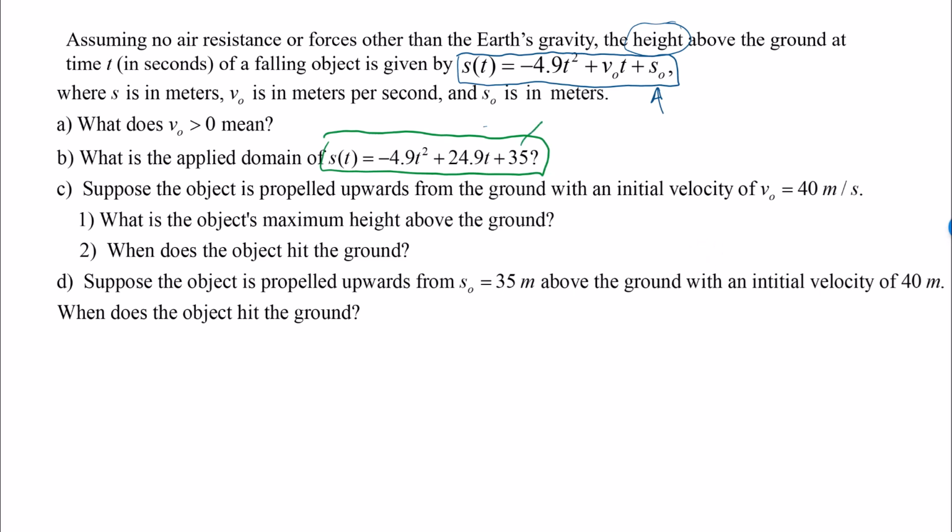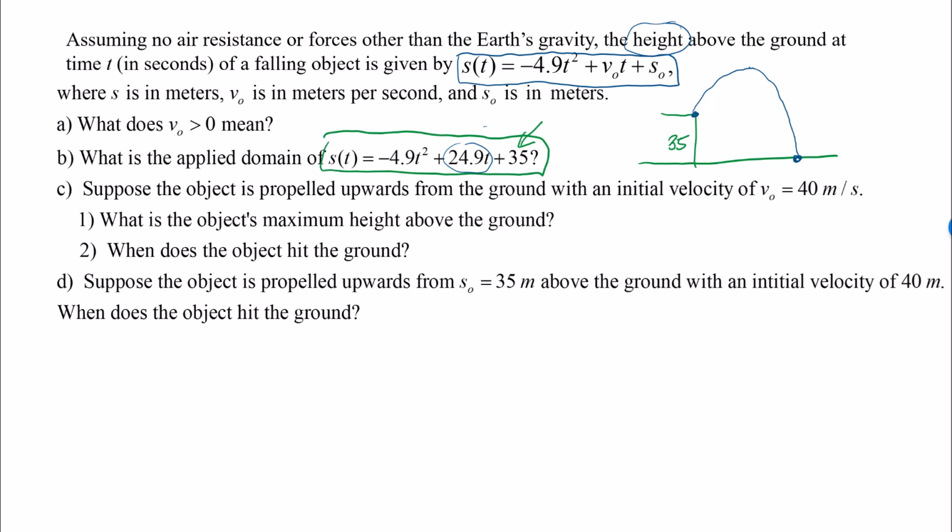This plus 35 means we started up 35. So let's have this be the ground, and you're up on some cliff up here, and that was 35 feet high. So it's going to start there. And this is plotting over time what its height is going to do, and it's a positive velocity. It's going up, gravity's going to pull on it, then it starts to come down, and it keeps coming down until it hits the ground here.